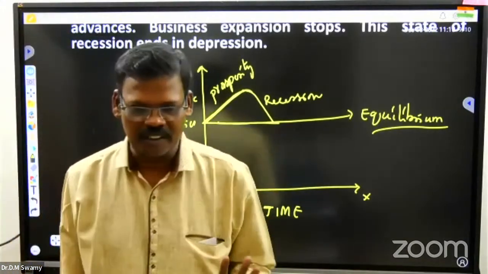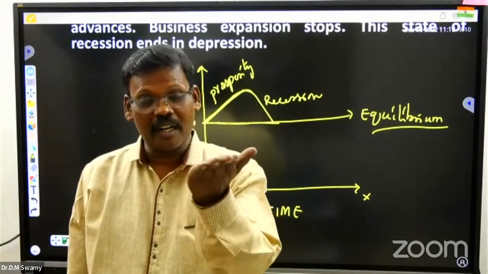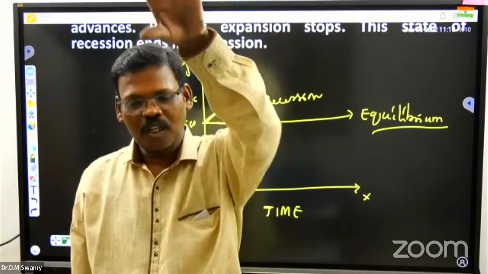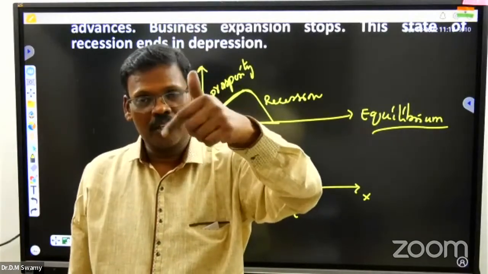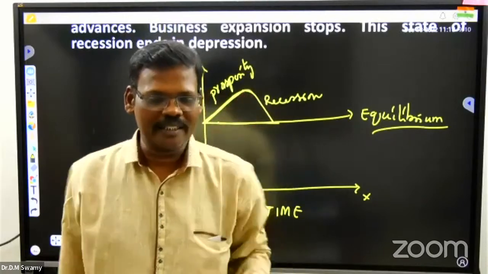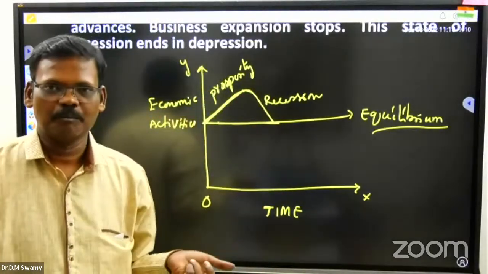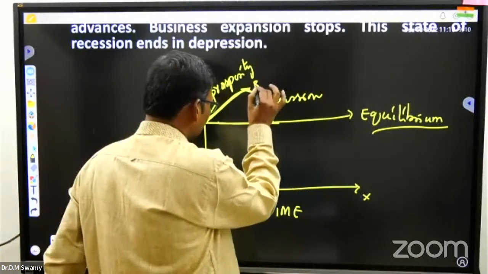Two characters we can see: one is all economic activities are above equilibrium, and the second is all are increasing. These are the two characters we can see in the prosperity stage. Okay, this is called boom period, peak stage.